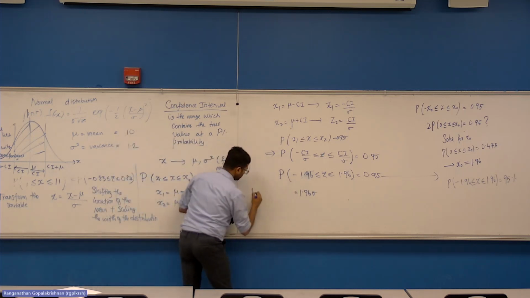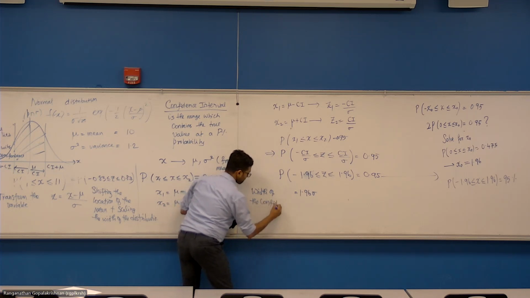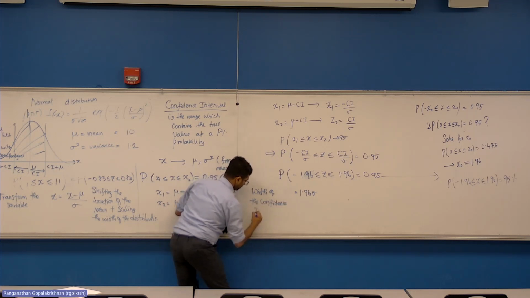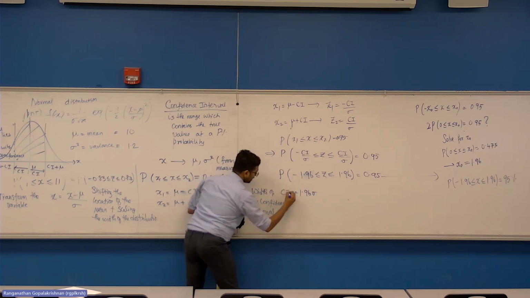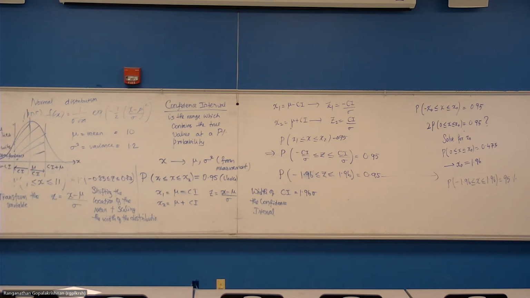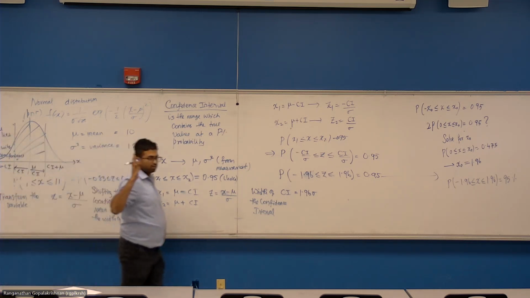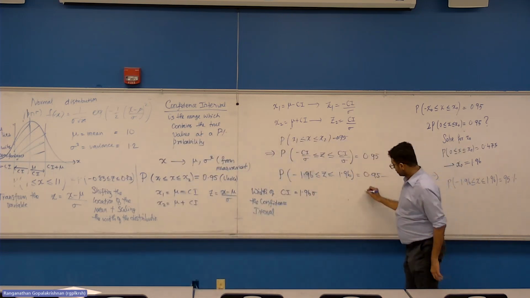The width of the confidence interval, ci, equals 1.96 sigma. You do your experiment, you get a mean.